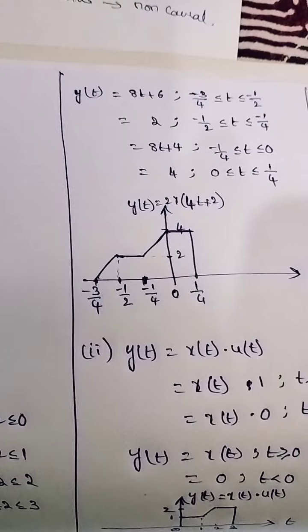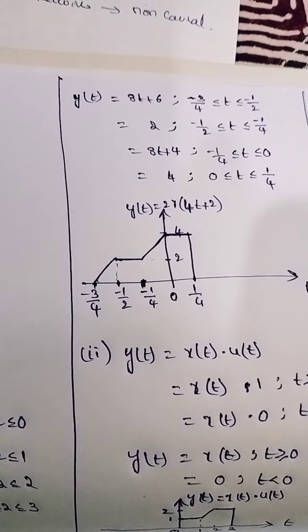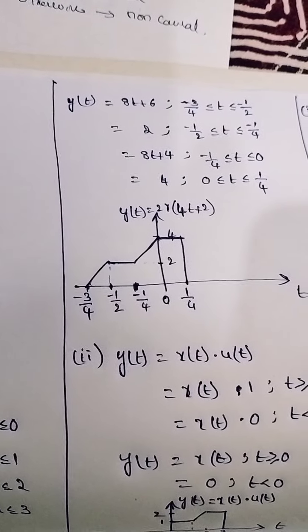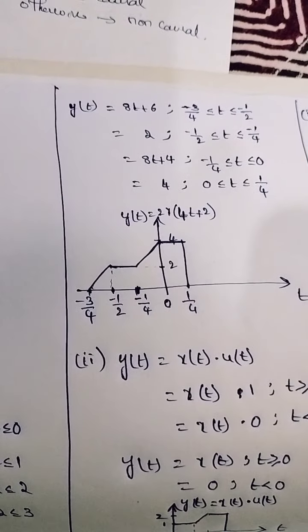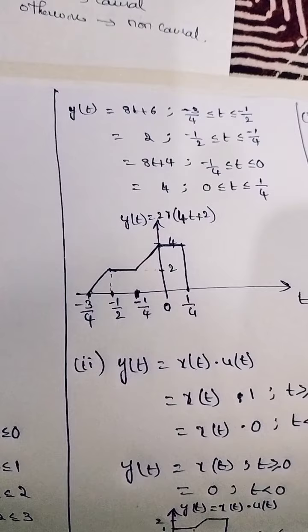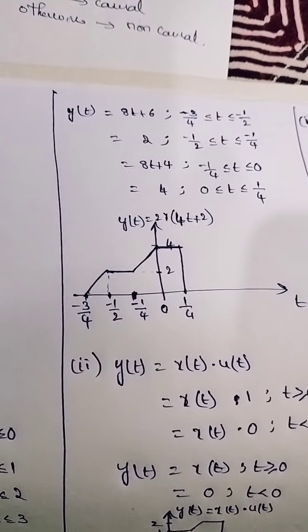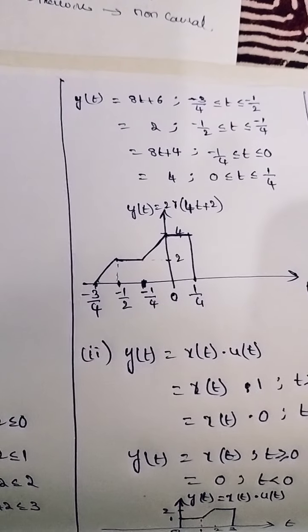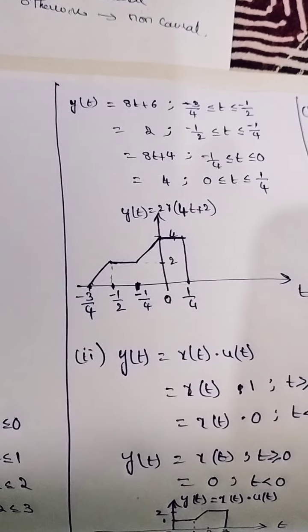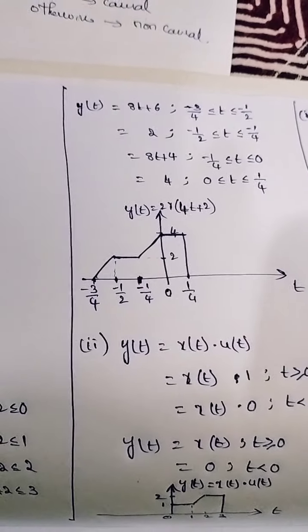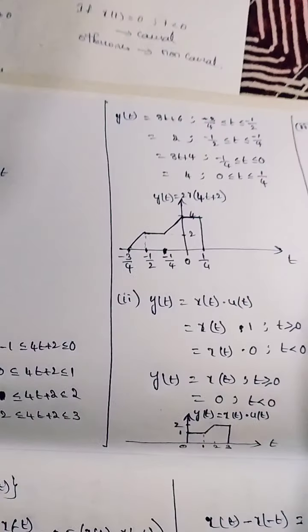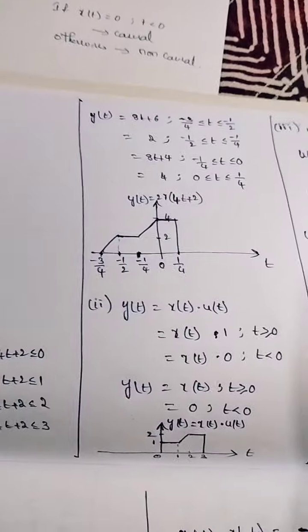Substitute t equals -1 by 4 first, we get the value 2, and substitute 0: 8 into 0 is 0, plus 4, 4. So from 2 to 4 we should draw the ramp. Then 0 to 1 by 4, the amplitude value is 4. Therefore the graph looks like this. This is y of t. In this way we should find 2 into x of 4t plus 2.